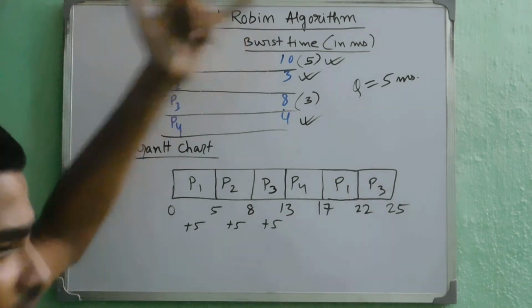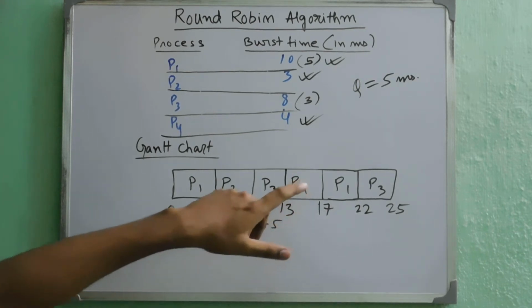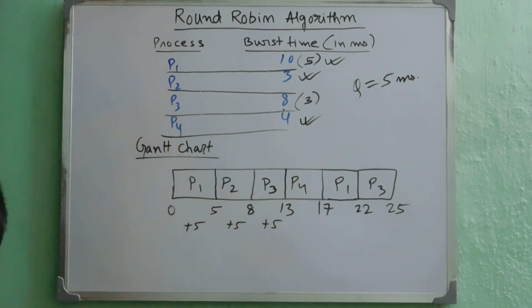P2 has burst time 3 milliseconds, so it will not utilize its 5 allotted milliseconds and will complete its execution at 3 milliseconds only. After that we can move on to the next process, that is P3, which has burst time 8 milliseconds.